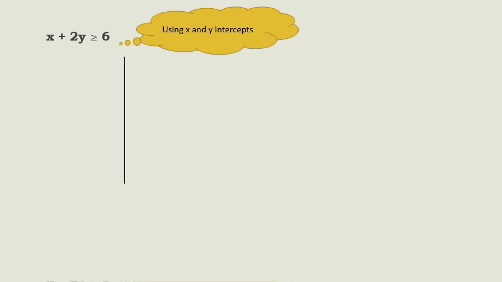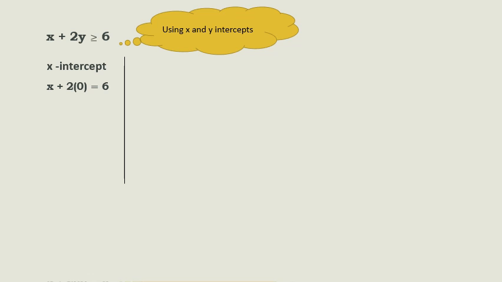The first is forming the slope-intercept form. You just get the m, or the slope, and the y-intercept, that is b. And another one, we can use the x and y-intercepts. So how to use the x and y-intercepts? For the x-intercept, we need to let y equal 0.